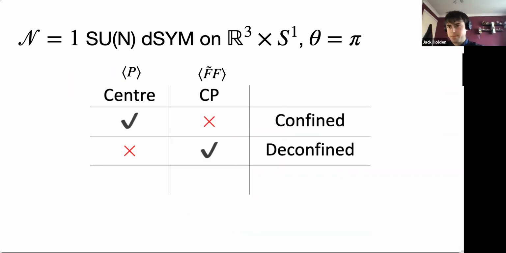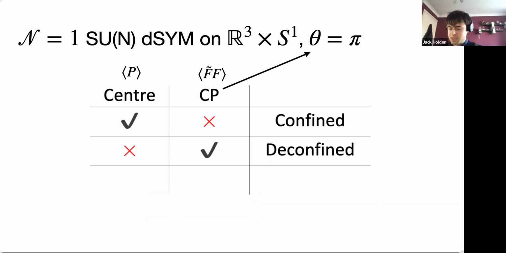So in this case, we're at theta equals pi. This allows the action to have CP symmetry. And in this case, we find that the confined phase has center symmetry, while the CP symmetry is broken.